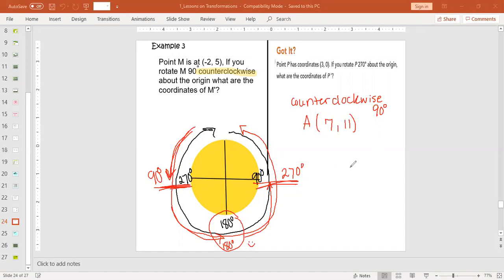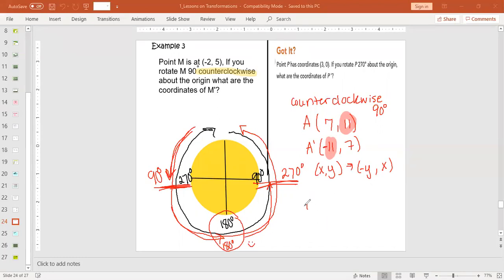And we know the rule for 270 clockwise, we take x and y, we switch their places, and we change the sign of y. So it's the same rule. So all I do is I say, okay, well then A prime, I'm gonna switch x and y. All right, y was positive 11, now it's going to become negative 11. So our counterclockwise would be negative 11, 7.